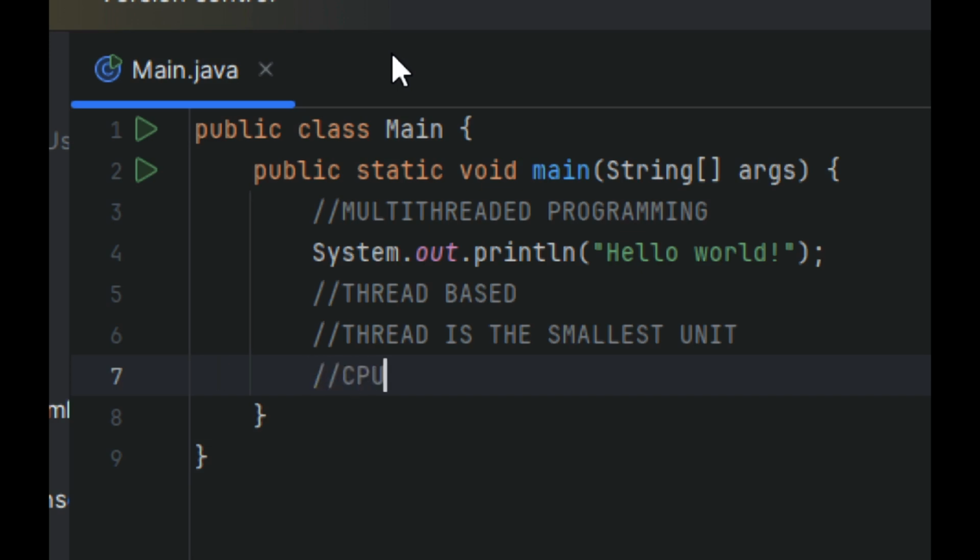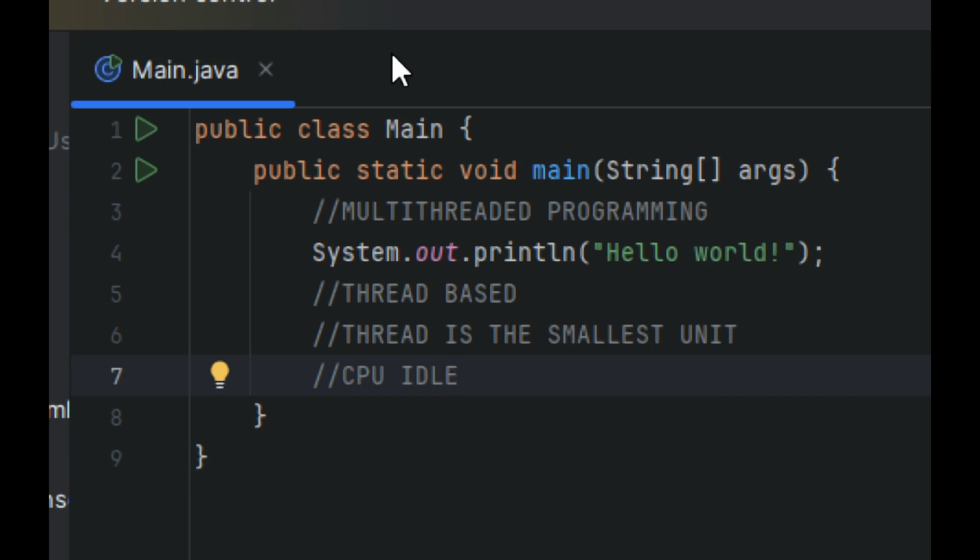By reducing the CPU idle time, in other words, making sure that the time in which the CPU is idle is less, so that we are taking advantage of the processing power. Okay, it's very important for us to understand.